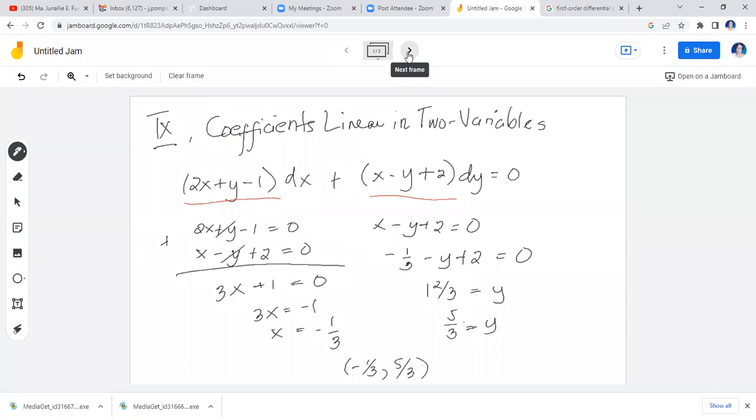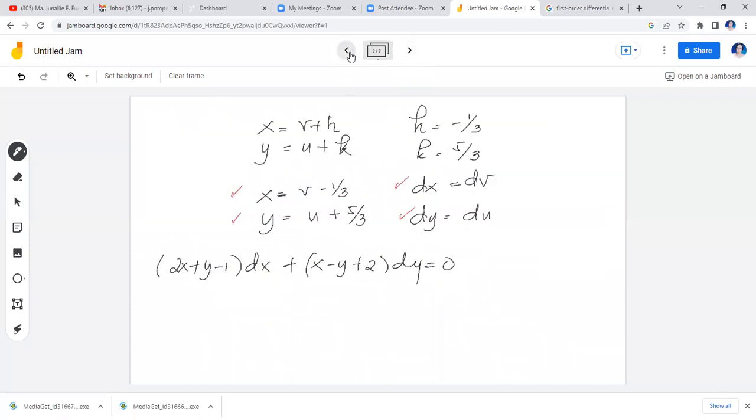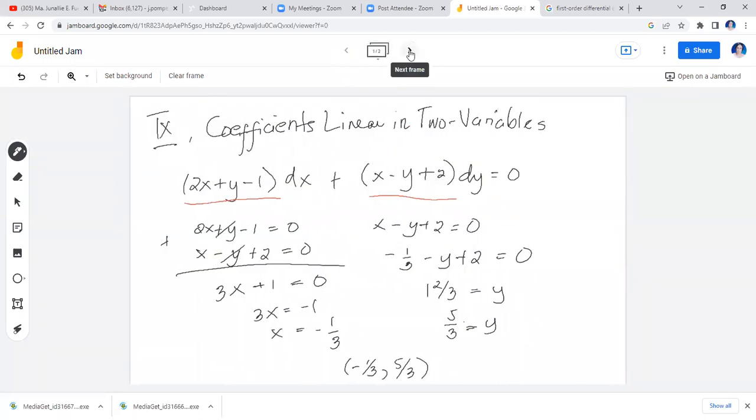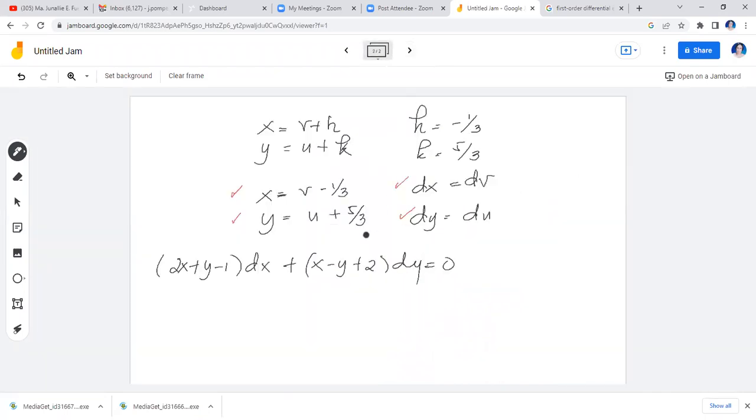Let me just check 2x plus y minus 1. Okay, that's it, so we have copied it correctly. Then we will replace the x, y, dx, and dy by these expressions.